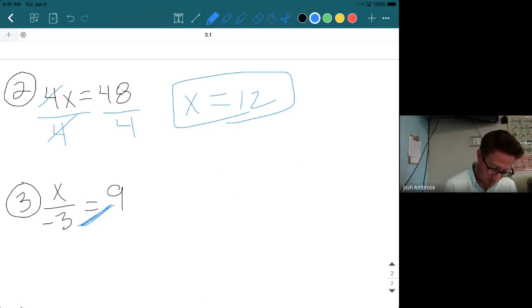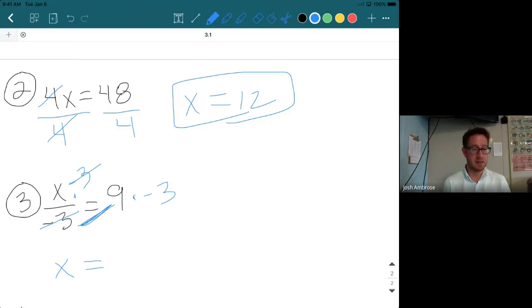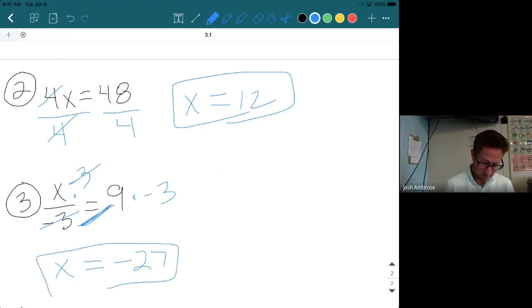Basically, multiplying both sides then by a negative 3. That's what you're doing, because that will cross out these negative 3's, leaving just x. And pay attention to your signs. That's a positive 9. That's a negative 3, giving you a negative 27. All right, positive times a negative equals a negative. Do the opposite of what's given, and that will cross out.